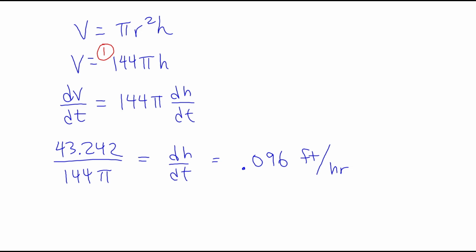So they gave you 1 point for this equation, dV/dt is 144 pi dh/dt, 1 point for the value, and 1 point for having the correct units for both of those answers. And that is the end here of question number 3. It's a rate FRQ from the 2010 Form B AP Calculus AB exam.